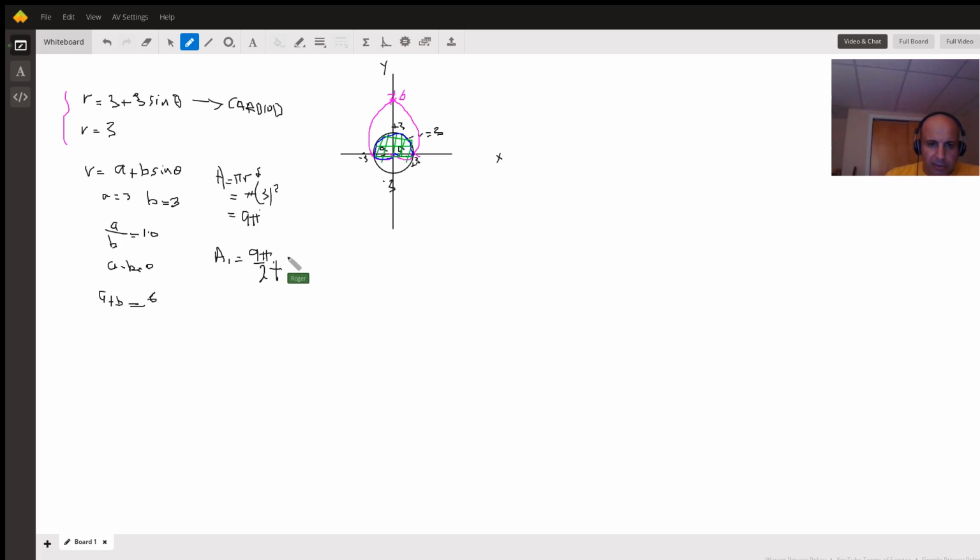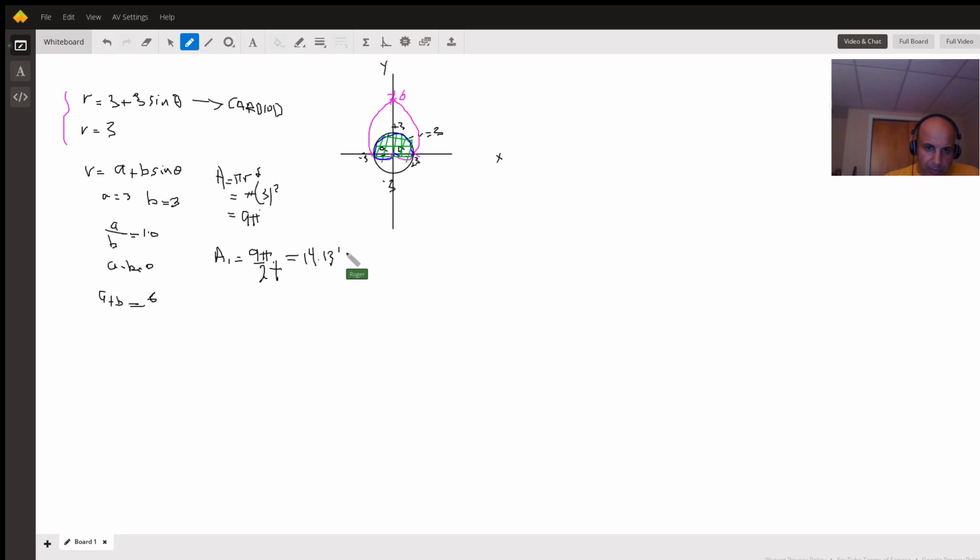Okay, so let's just approximate what 9 pi over 2 will be in units. 9 times pi over 2, it will be 14.13 minimum. 14.13 square units.